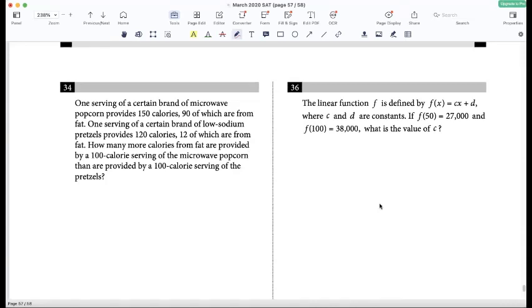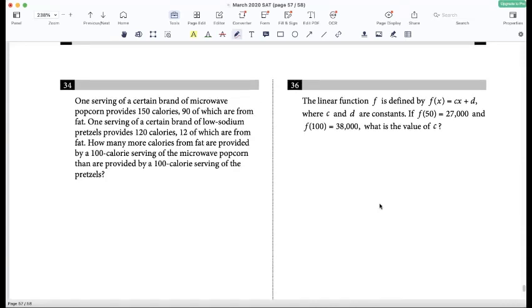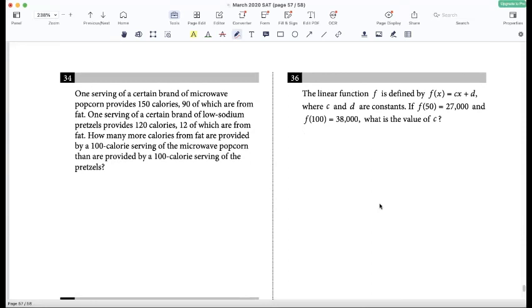One serving of a certain brand of microwave popcorn provides 150 calories, 90 of which are from fat. One serving of a certain brand of low sodium pretzels provides 120 calories, 12 of which are from fat. How many more calories from fat are provided by a 100-calorie serving of the microwave popcorn than are provided by a 100-calorie serving of the pretzels? So let's do microwave popcorn first.